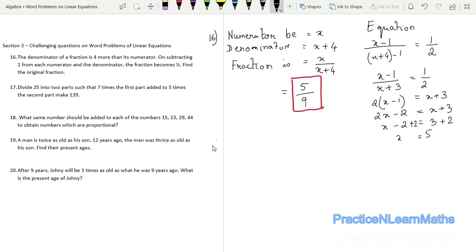Sum number 17. Divide 25 into two parts such that 7 times the first part added to 5 times the second part makes 139. Let the first part be x. Then the second part is 25 minus x.